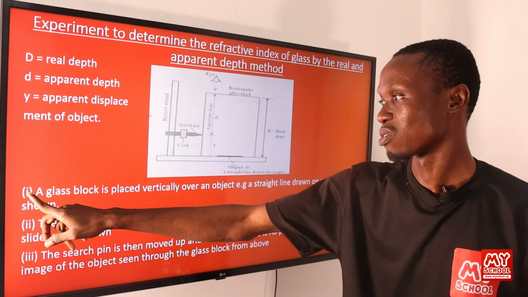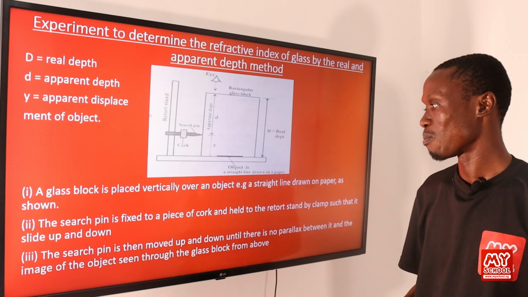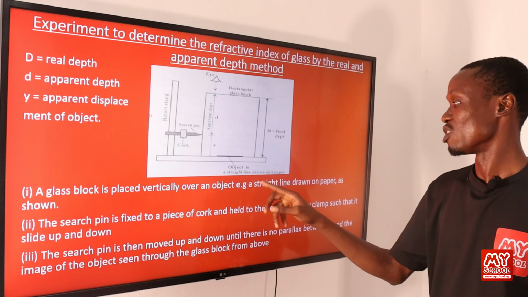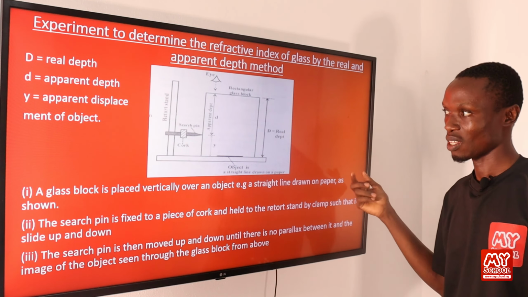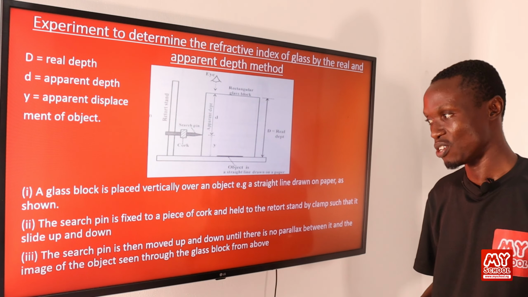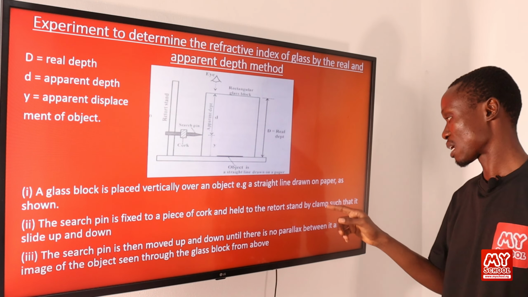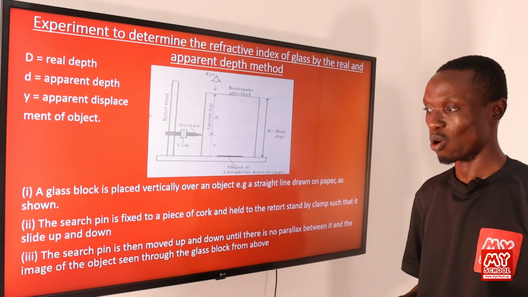So let's start with the procedure. 1, a glass block is placed vertically above an object, so it could be a straight line drawn on paper as shown above. Then 2, the search pin is fixed to a piece of cork and held to the retort stand by clamps such that it slides up and down.